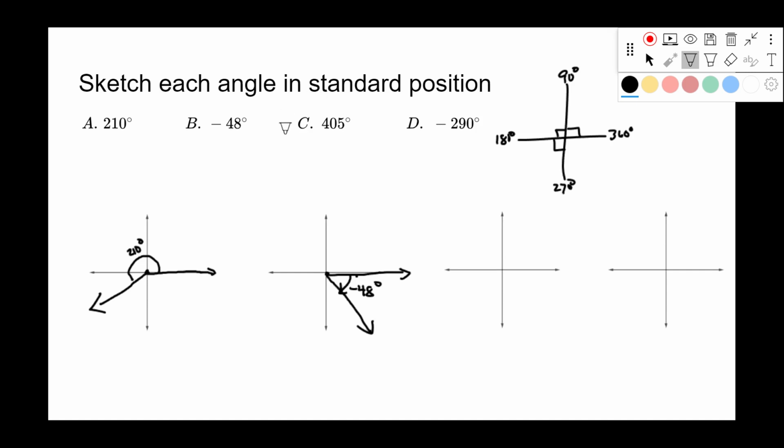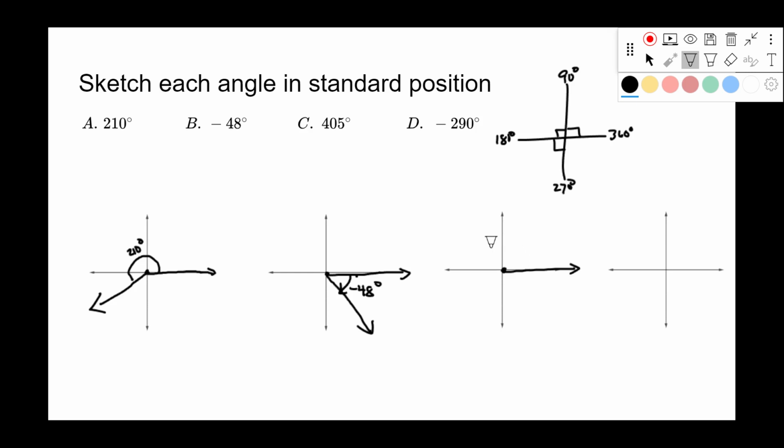In letter C, I want to go 405 degrees. Well, what does that look like? Let's be honest, that's our positive x-axis. If we go all the way around, that's 360, right? So what is 405?